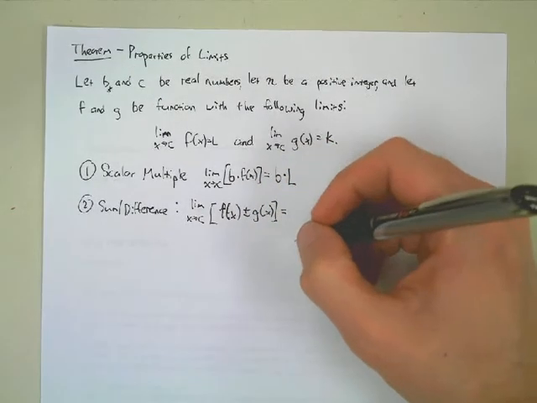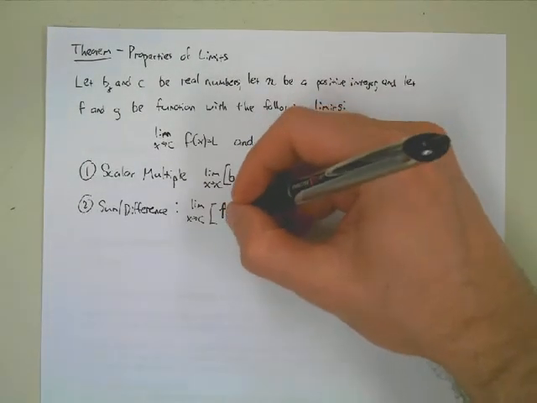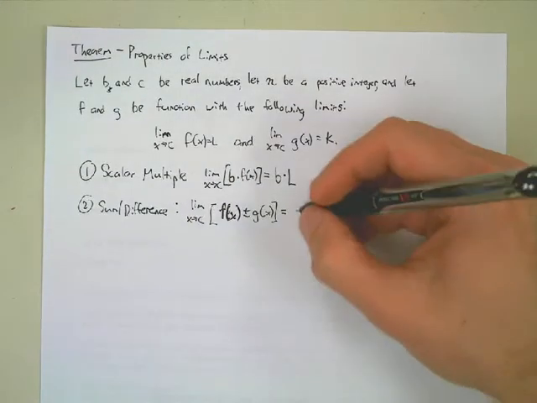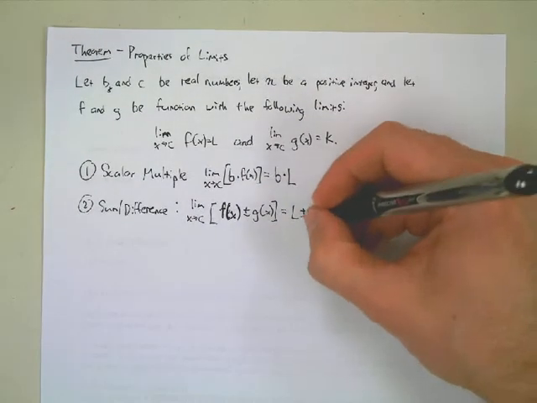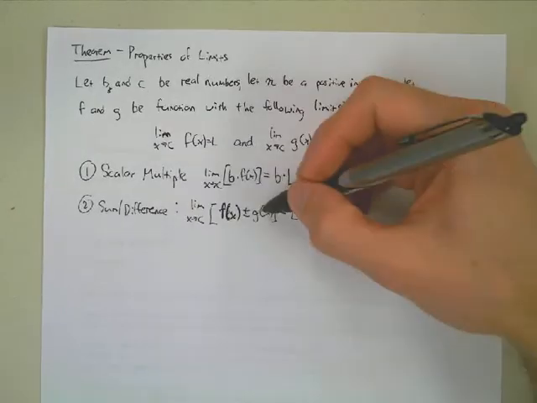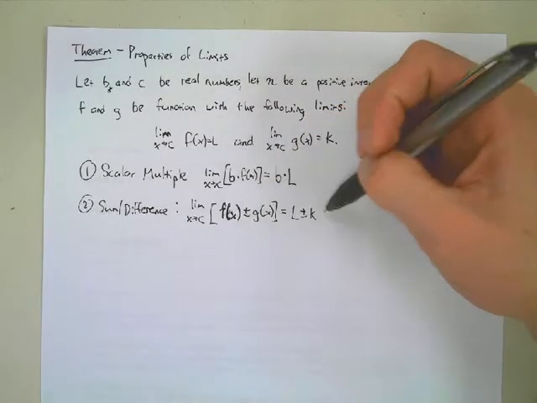Okay, so now we've taken those two different functions and added them together, or subtracted them. That's going to be equal to just the sum or difference of their limits. Okay. So you can break up limits over addition. So if you don't want to take the limit of the whole thing, you can take the limit of a piece and then add the limit of the other piece, and that'll still be correct.